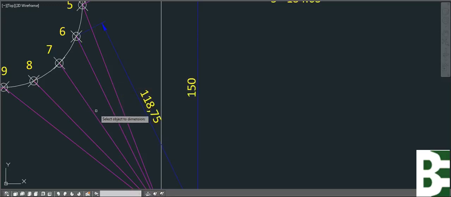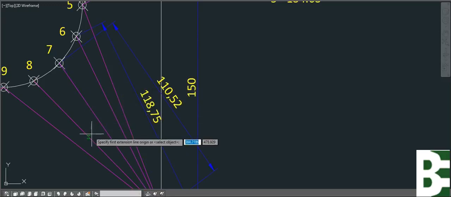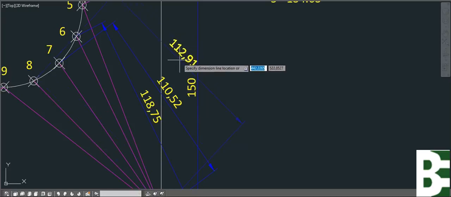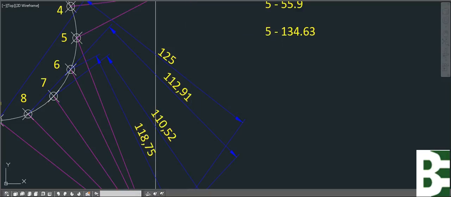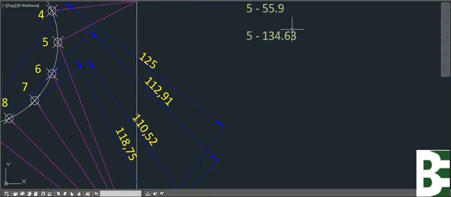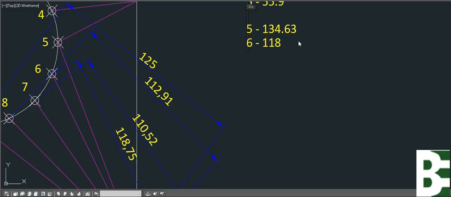The same practice we will repeat here for all the lines, and we will complete our table.